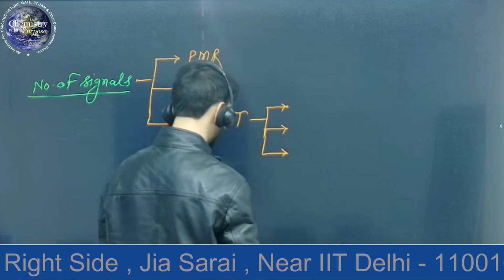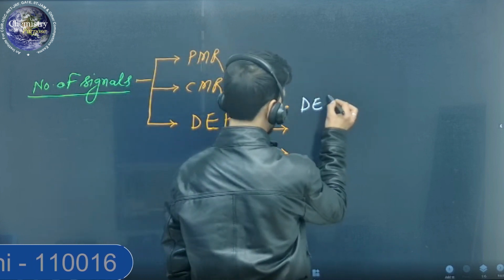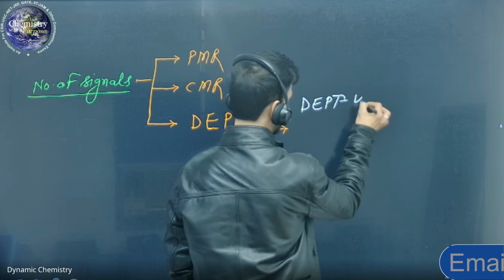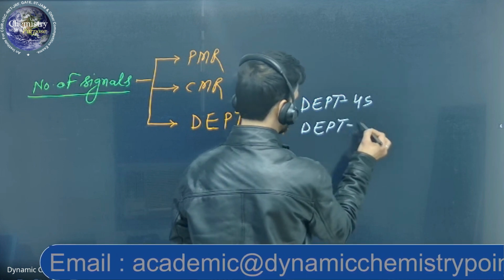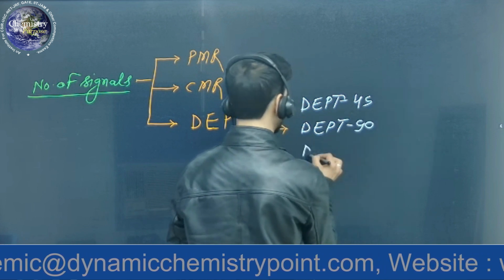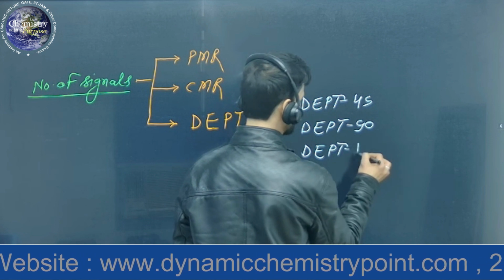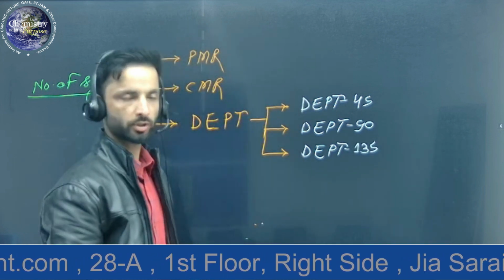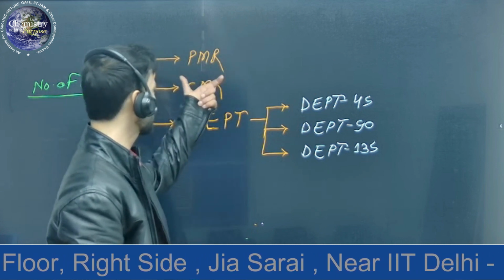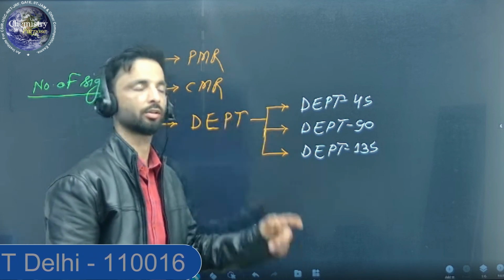DEPT may also be DEPT 45, DEPT 90, and DEPT 135 as well. So we can find out the number of proton NMR signals, carbon-13 NMR signals, as well as DEPT NMR signals.